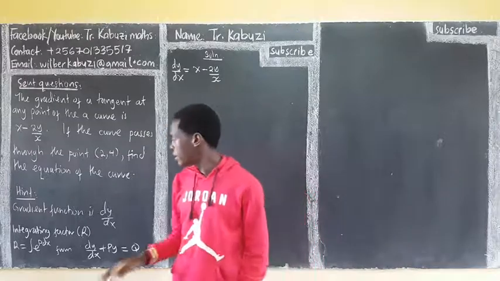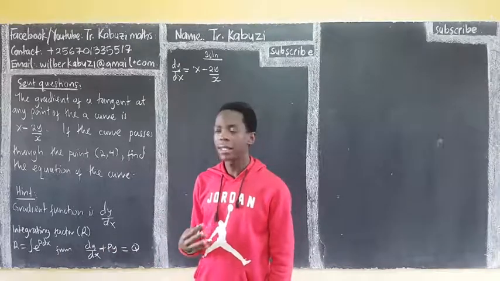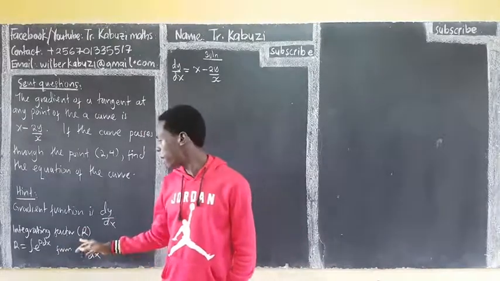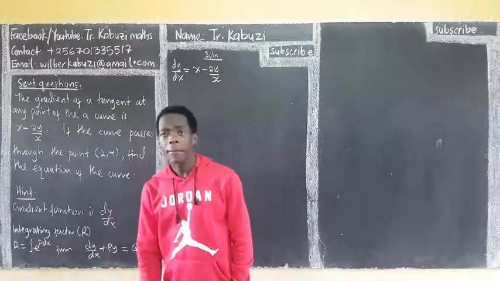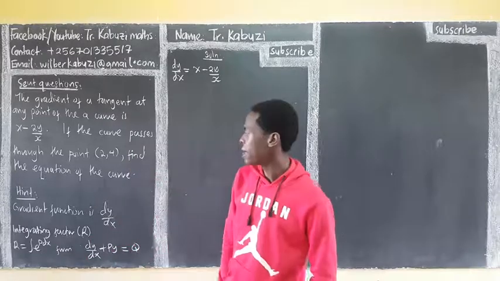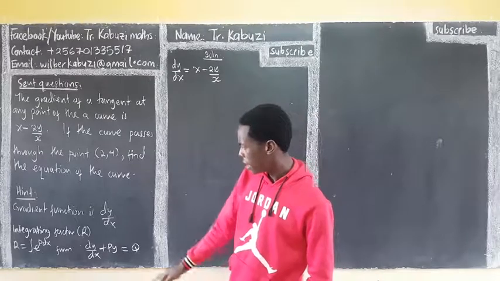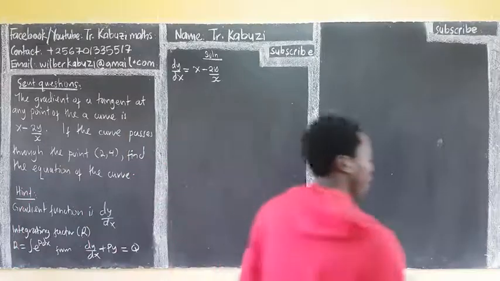Now, we know that the integrating factor for first order non-exact equations is given by, some people call it f, or me I'm calling it r. Sorry, this is not in that order.